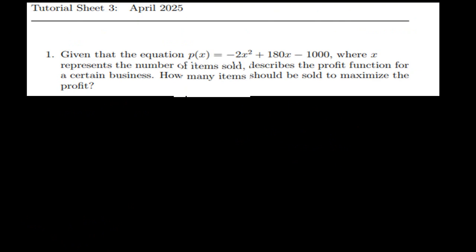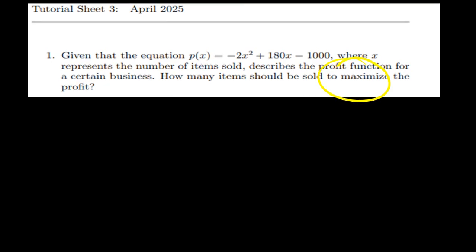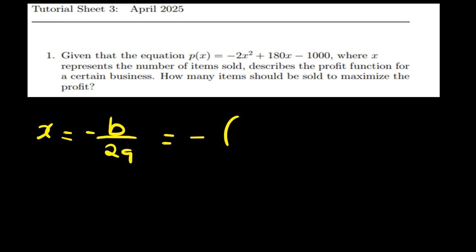Again, it's the same principle. How many items can be sold to maximize the profit? Because you're talking about the maximum, you're just finding the turning point. So x will be equal to negative b over 2a, which will be equal to negative, our b in that regard is 180, over 2, our a is negative 2.